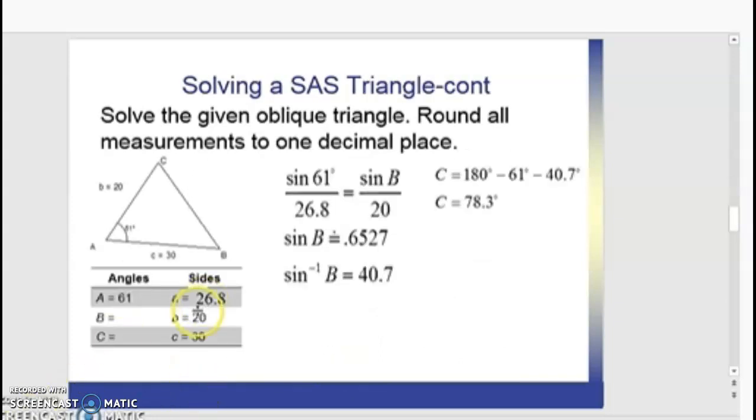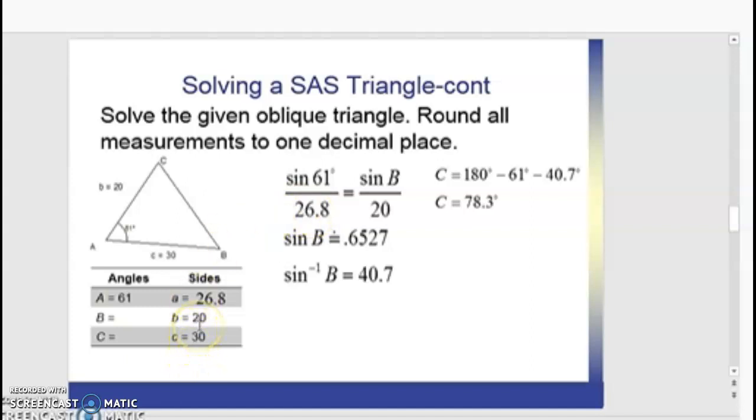Well, we just found that the length of side A is 26 and 8/10. So that has been added to the table of known values. As in our last lesson, section 7.2, the law of cosines, we can use it to finish the problem. We have an angle and the length of its corresponding side.